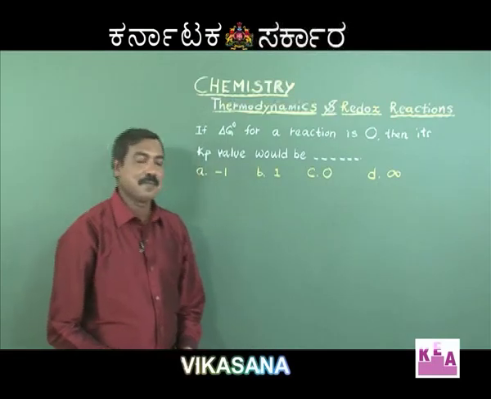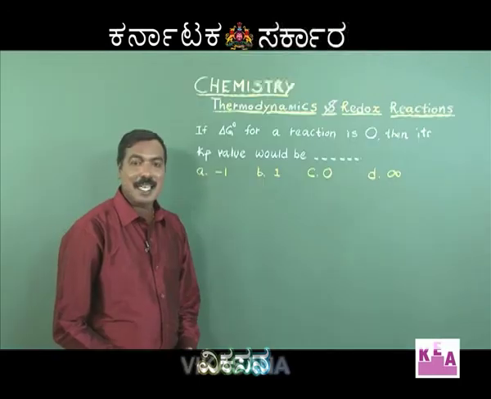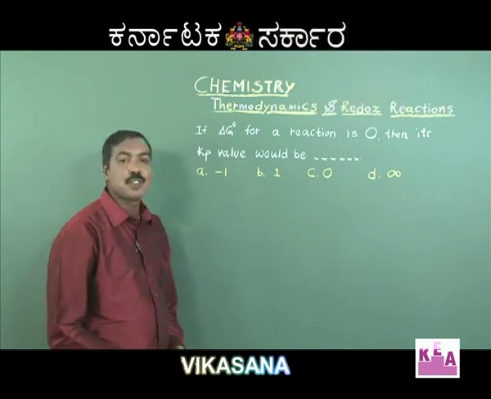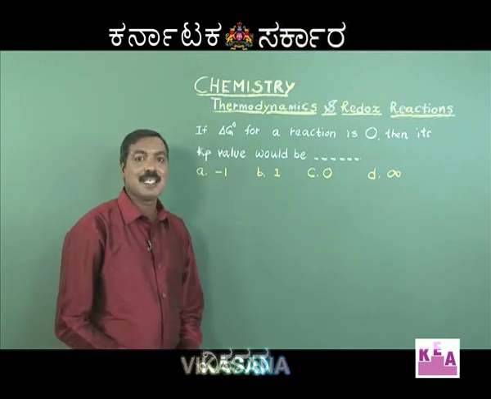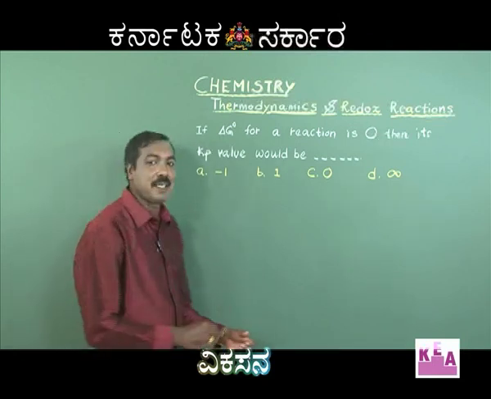Our next question. If delta G naught for a reaction is 0, then its Kp value would be? It is a relation between delta G naught and Kp, standard free energy change and equilibrium constant with reference to pressure. This relation is known as Van 't Hoff reaction isotherm, and I am writing it.